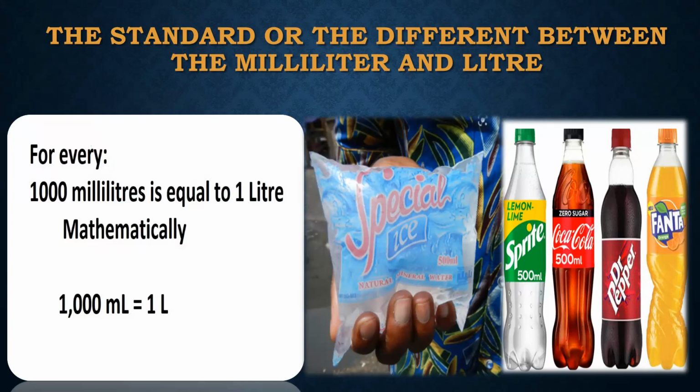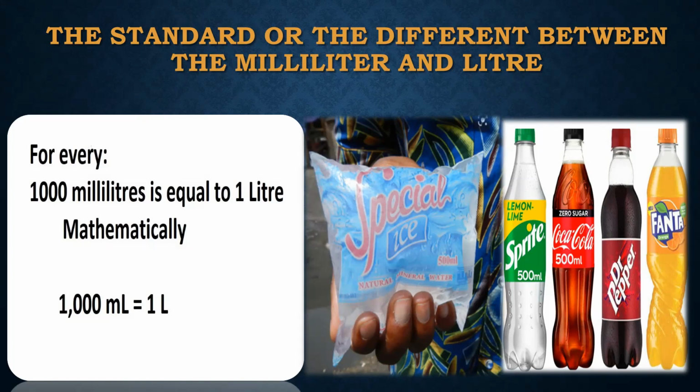Mathematically, 1,000 mils is equal to 1 liter. You can see some pure waters are 500 mils, other drinks are also 500 mils, and others differ from that. So the capacity we stated earlier says what? The amount of liquid that a container can take.